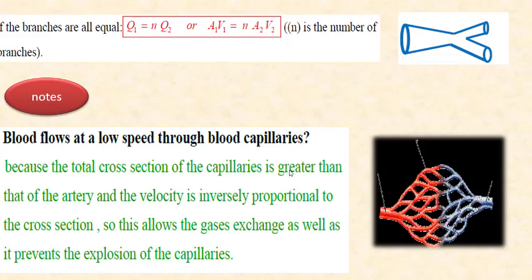The total area of blood capillaries through the body is much bigger than the aorta's area. So the velocity of blood through the aorta is less than the velocity of blood in the blood capillaries, as in this figure, because the total cross-sectional area of the capillaries is greater than that of the artery. Okay?